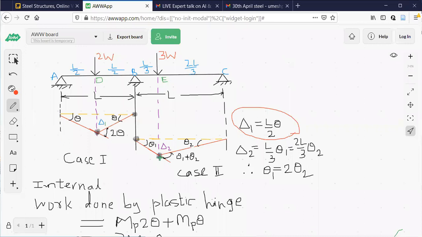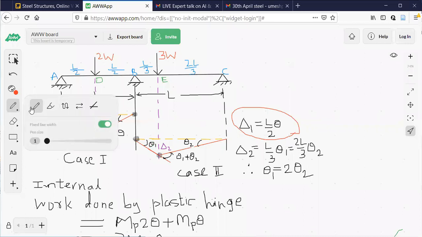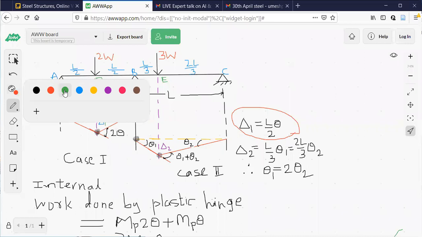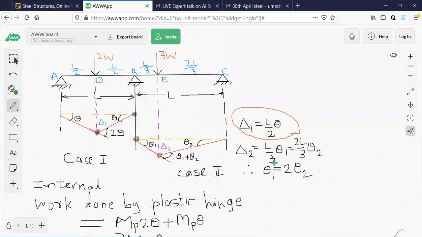Let us try to get this delta 2. Delta 2 is equal to simply this one, which is L by 3 times theta 1. Observe this. Where it is shown is L by 3 times theta 1. Simply, it is very easy to understand. This distance into angle, or this distance into angle theta 2.